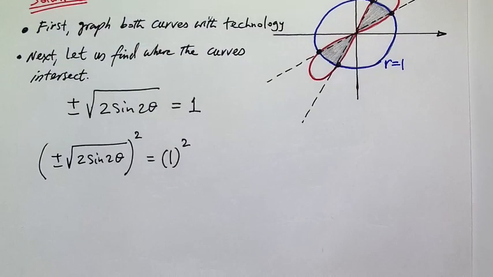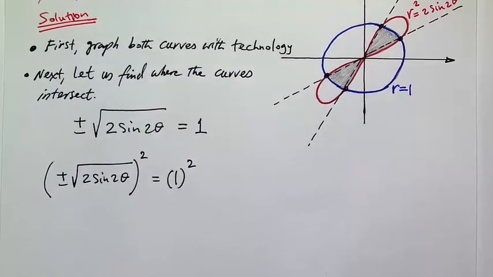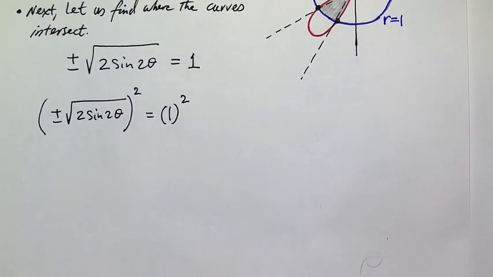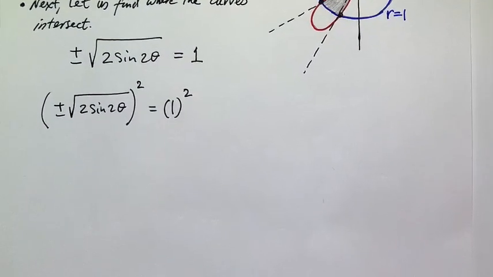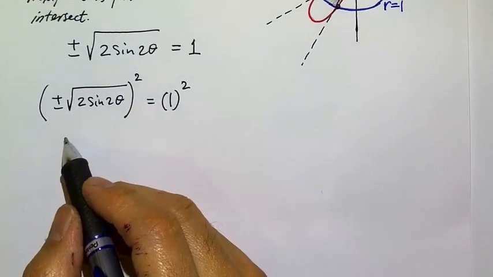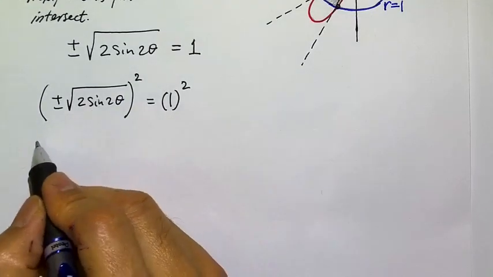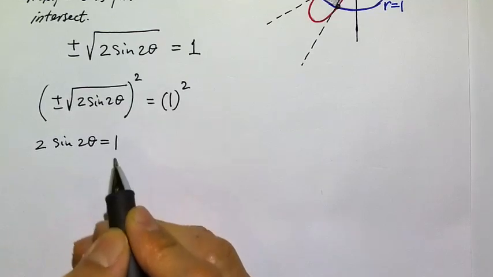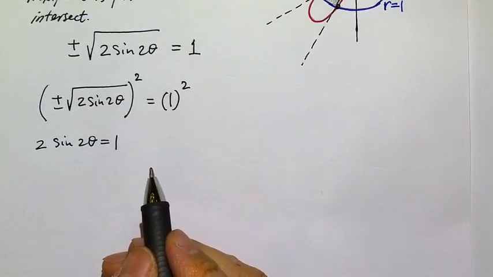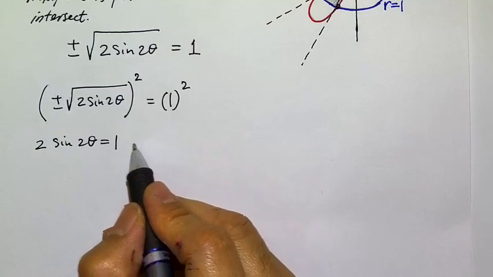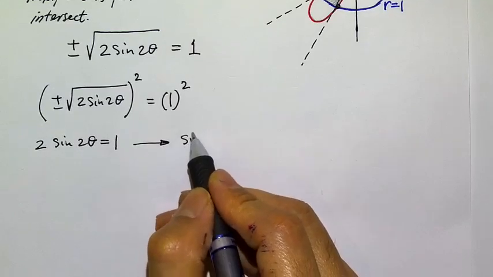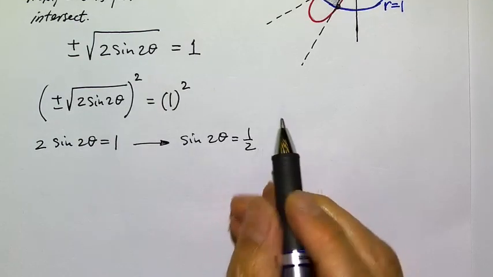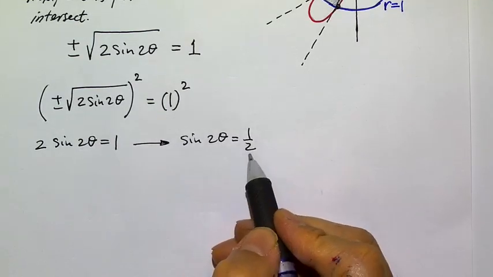And so what do we have? Let me scroll up, and then when I need the graph, I'll scroll back down again. So we have just 2 sine 2 theta equals 1. And from here we get sine of 2 theta equals 1/2. So sine of what angle is equal to 1/2?